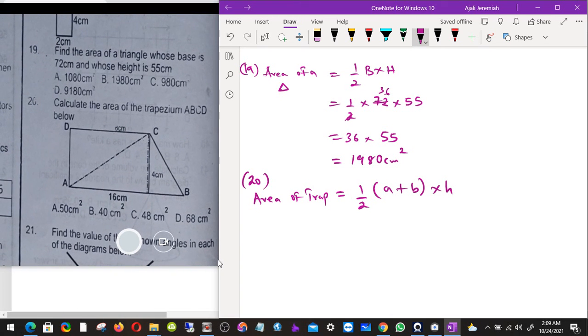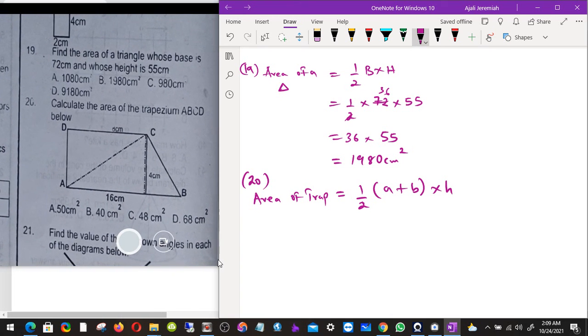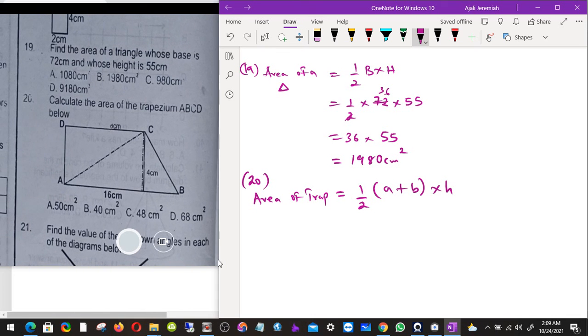Okay, so if you look at this trapezium, A and B are, this side is parallel to this. They should have indicated the lines though, but from eye gauge this is parallel to this, so it means A and B are 8 and 16.